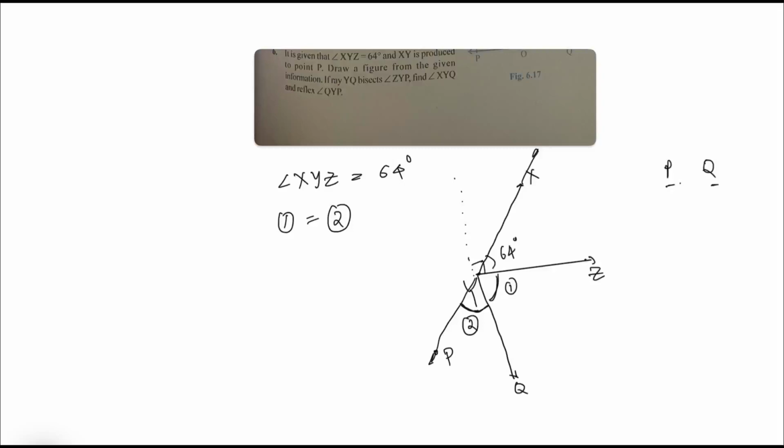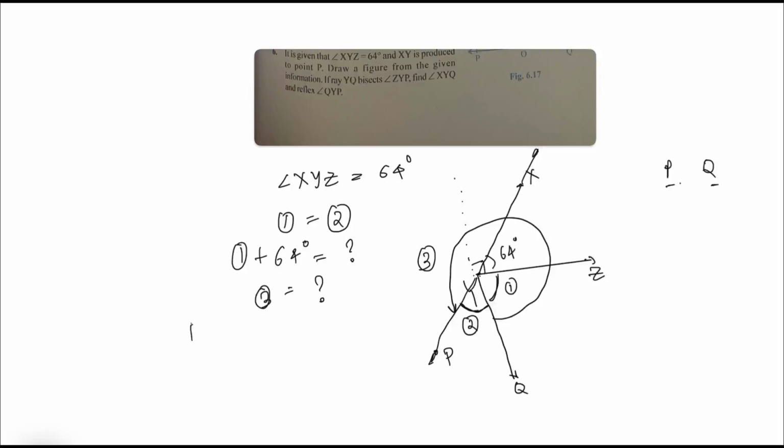Okay. Now we have to find angle XYQ. So what is angle 1 plus 64 degrees, right? And we have to find QYP reflex angle. That is QYP, this one. I'm naming it as 3. What is angle 3? So we know one thing, that X, Y and P are in the same line.